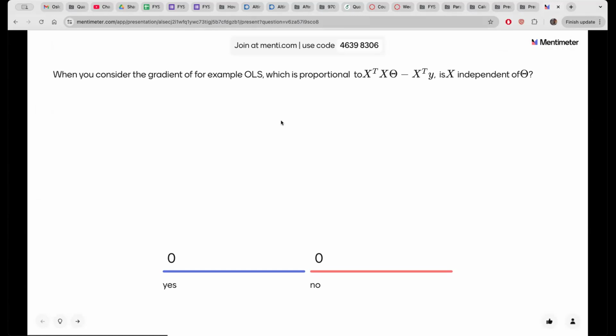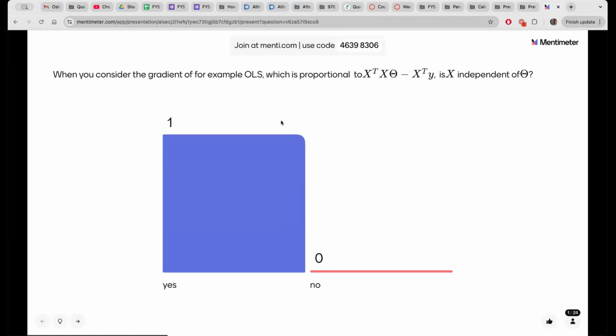So if you look at the equations we have for ordinary least squares, these are actually nice equations from an optimization point of view. So if you look at that equation with x transpose times x, is x independent of theta or not?